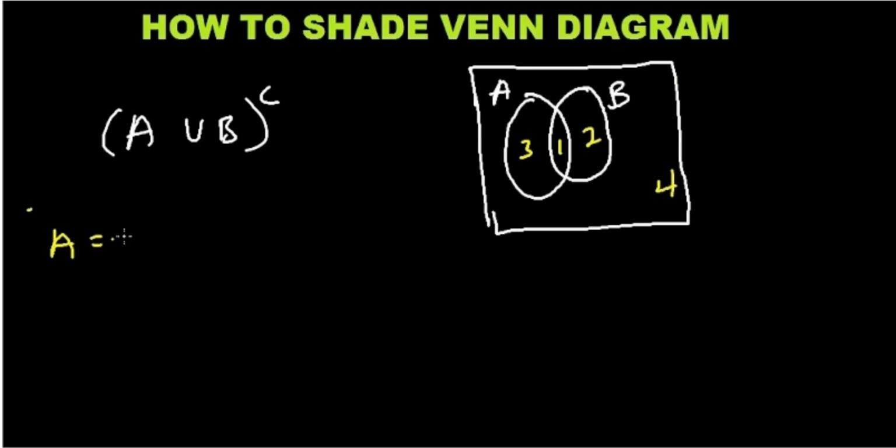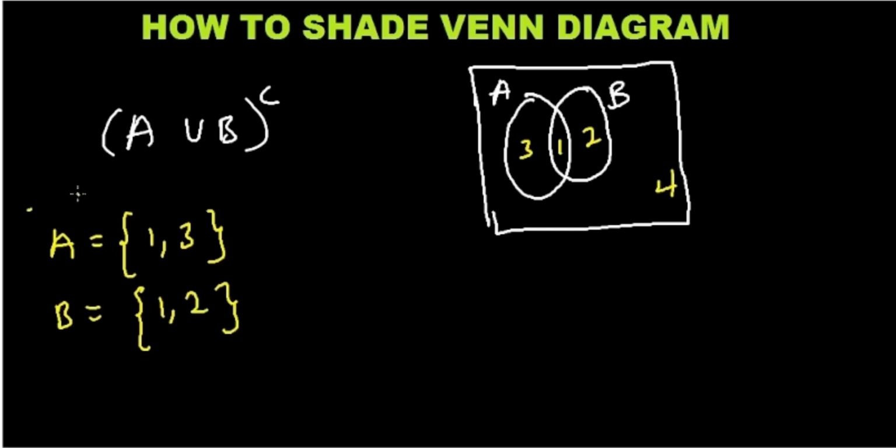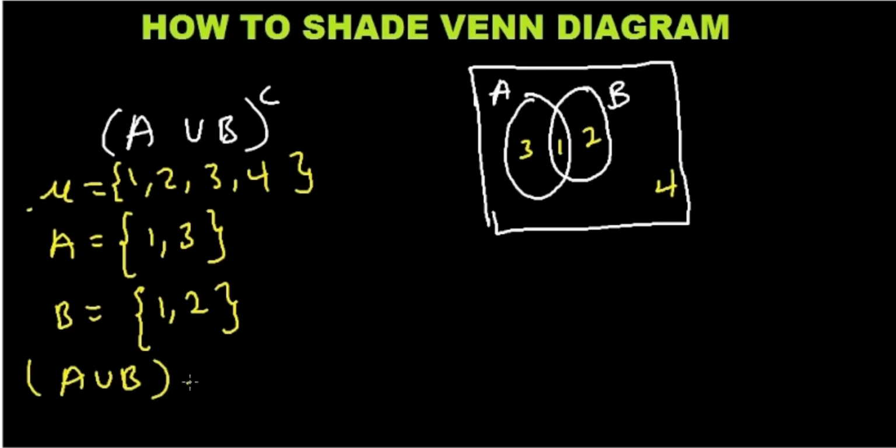It depends on you. So what are the things that pertain to my A? 1 to 3. B is 1 and 2. Then my universal set here is 1, 2, 3, and 4. So let's see A union B. That means the combination of these two, I'm going to have 1, 2, and 3.